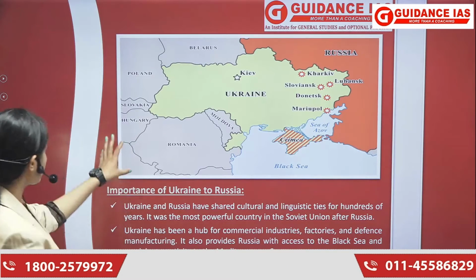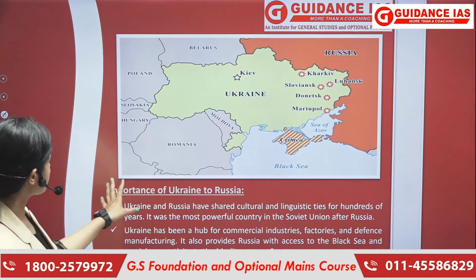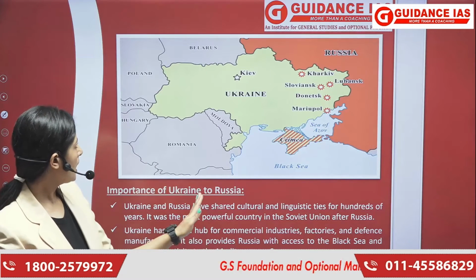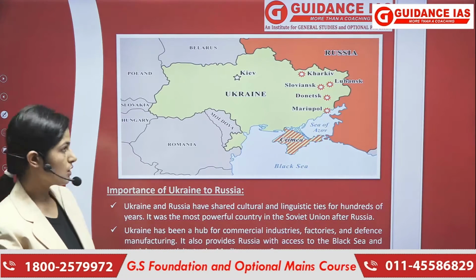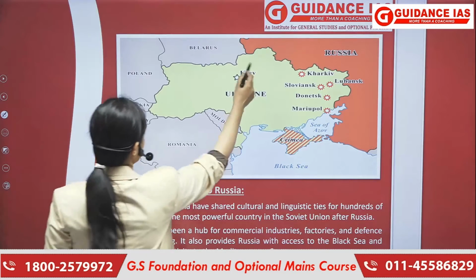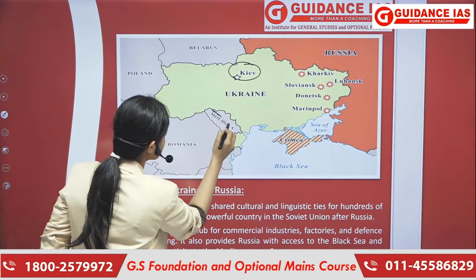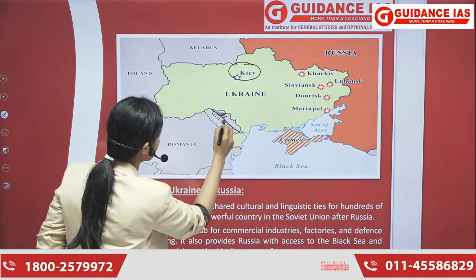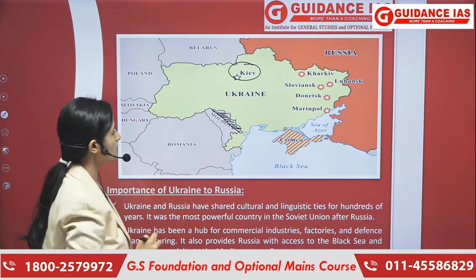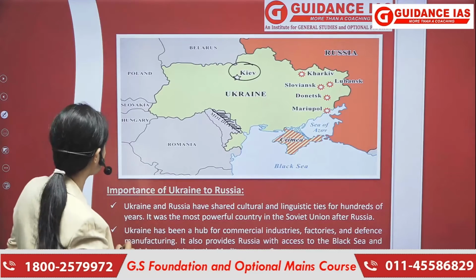All right, again, a very important map. I think it's the same map, and I'm sure by now you must all be aware of this map. Kiev, this is Moldova. In Moldova there is a rebellious group at this portion. We call it Transnistria, right?